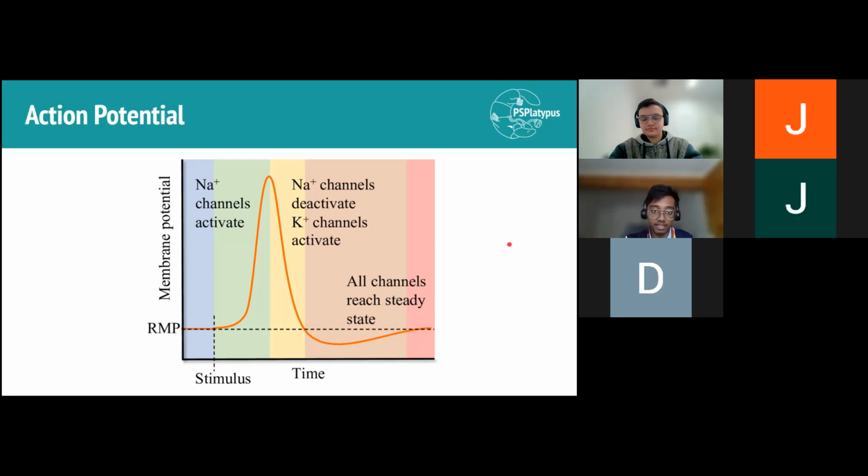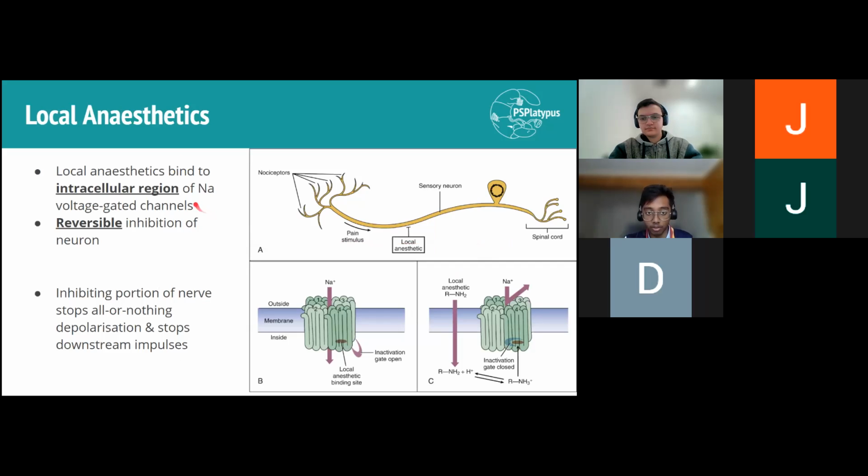For anesthetics in particular, we're going to think about the sodium voltage-gated channels and specifically the intracellular region of those channels. Local anesthetics bind to this intracellular region of the sodium voltage-gated channels and cause reversible inhibition of the neuron. Reversible is important.